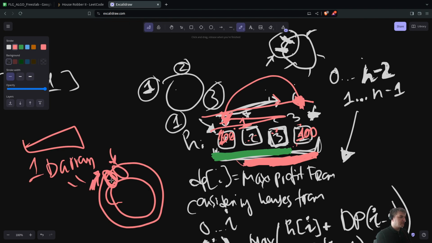So we need to have the first case where houses should be considered from the zeroth to n minus 2, and then the second case when the houses should be considered from the first to n minus 1, something like this.